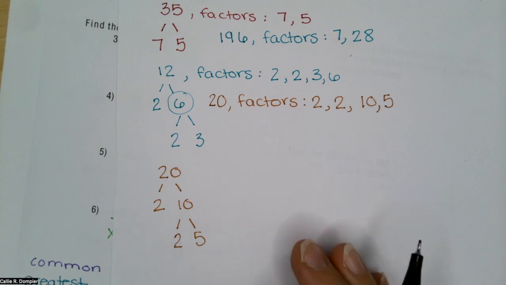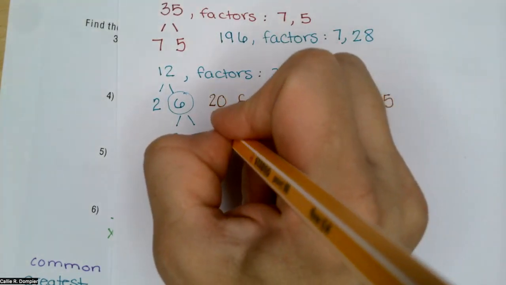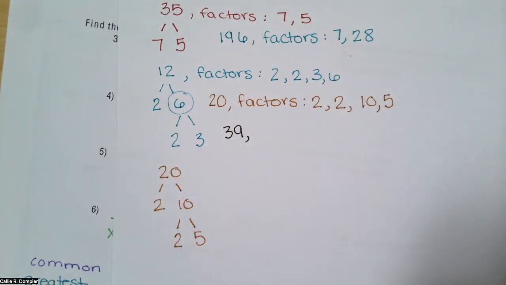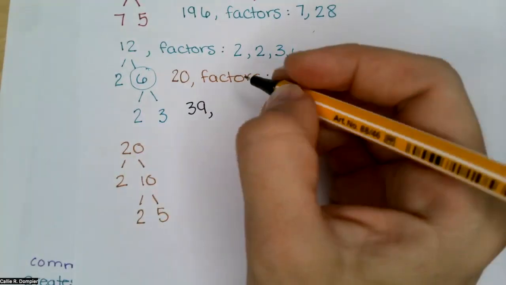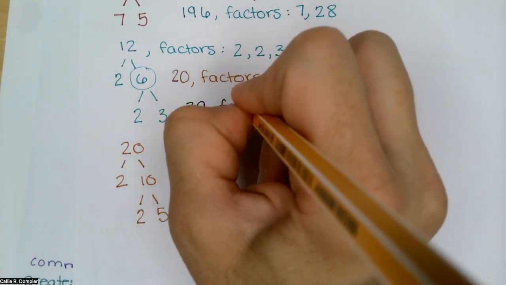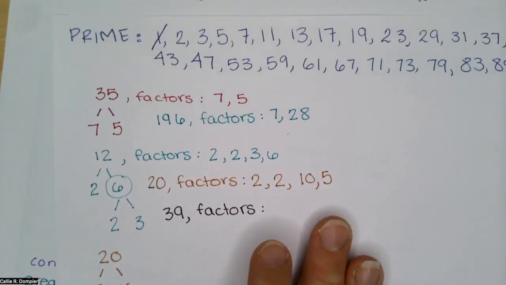And then we've got the number 39. Well, 39 is not up here, so we know it's not a prime number, so we've got to divide it by something. I'm going to start with 3, because it's not an even number, so it can't be divisible by 2.